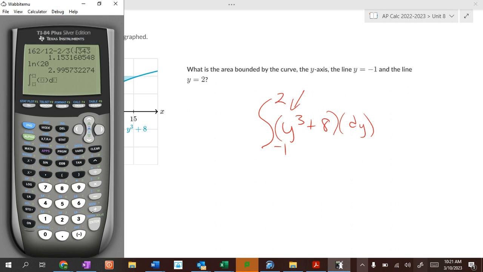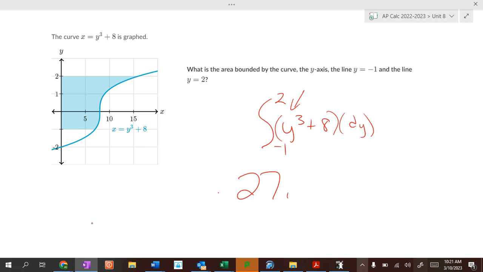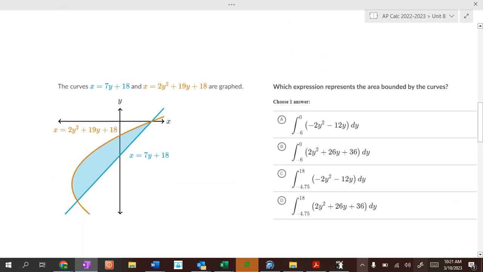Is it that one? Yeah, integration. So negative 1 up to 2, and then make it x cubed plus 8 dx. You got to put an x in there or it won't work for you. If we go enter, 27.75. Now, could I have done that by hand? Yep. But it's a little faster this way.